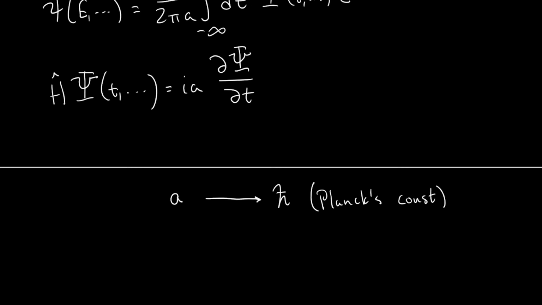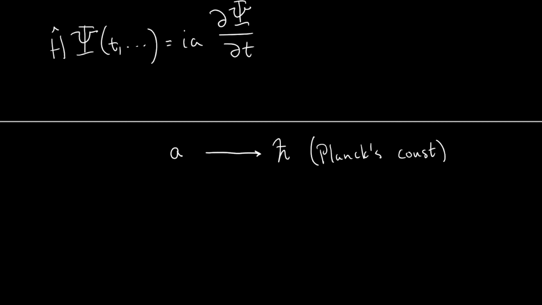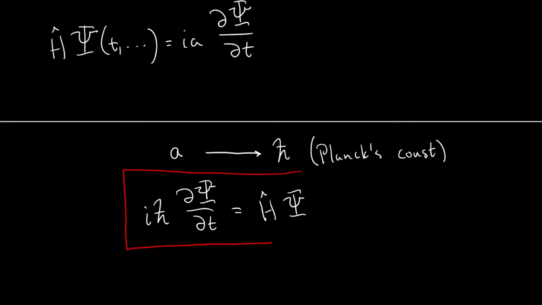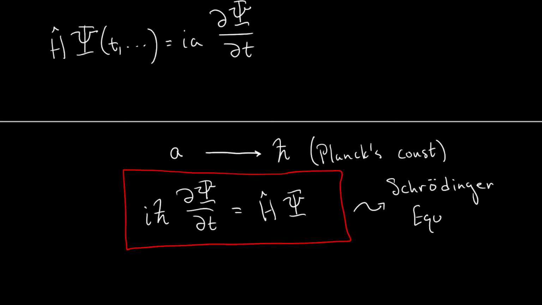Then this equation just becomes i h bar d psi dt equal to H hat psi. And this, of course, is the Schrodinger equation. And we have now arrived at quantum mechanics.